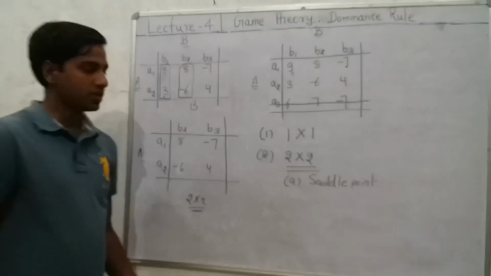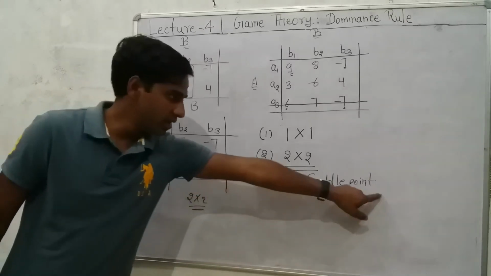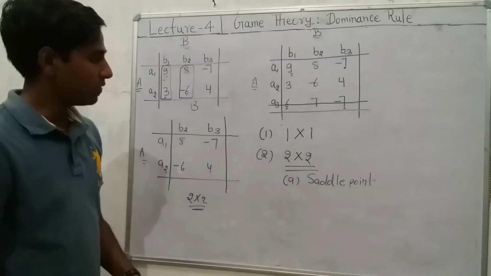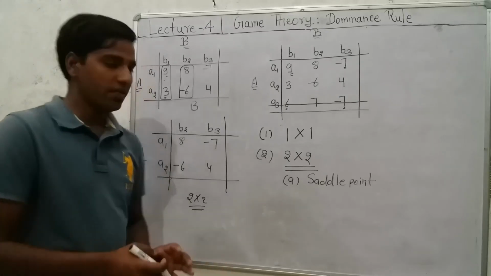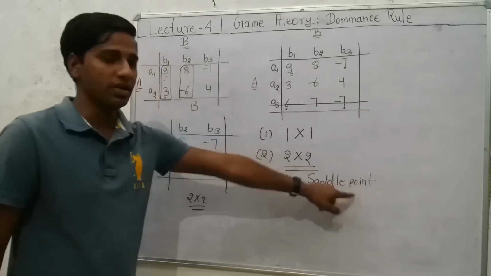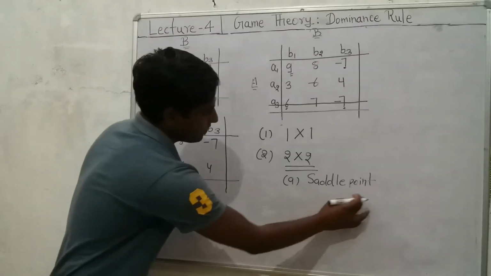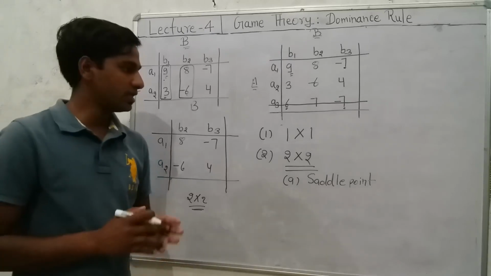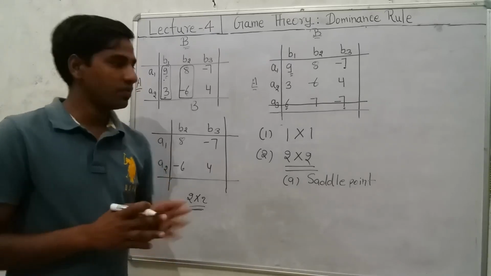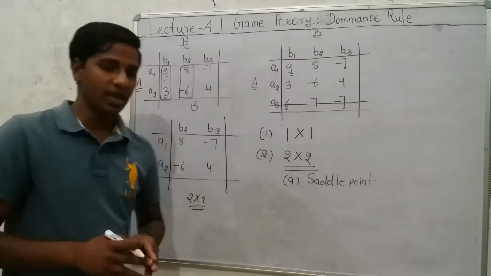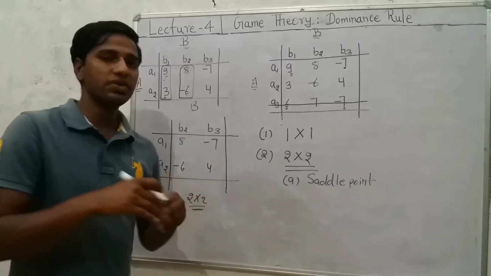We can have a matrix of order 2 by 2 which has a saddle point, like we studied in the previous video. If the game has a saddle point, we can solve it by simply calculating the maximin values for company A and the minimax values for company B, and the maximin would be equal to the minimax.